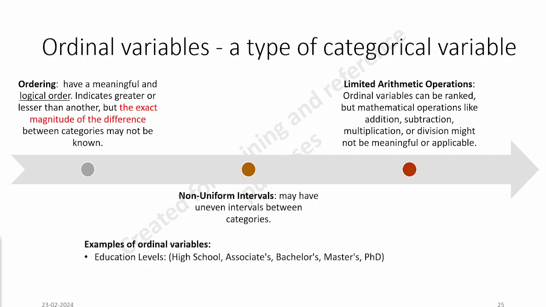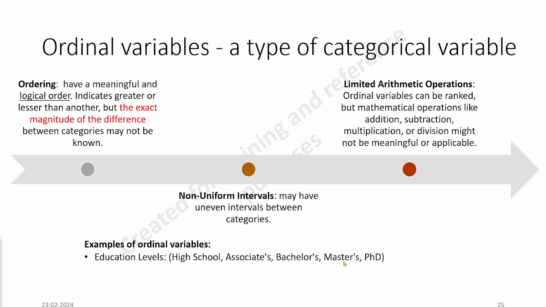Let's see some examples of ordinal variables. Education level, like high school, associate, bachelor's, master's, PhD. You can see these have logical order, but the difference between the categories is not uniform. That means the distance between high school and associate need not be the same as the distance between bachelor's and master's.